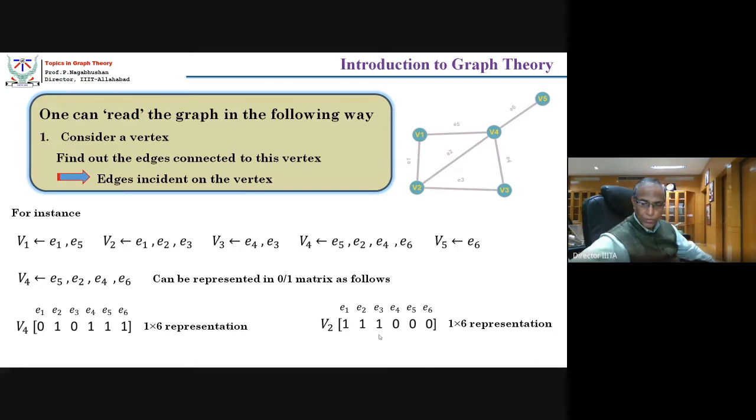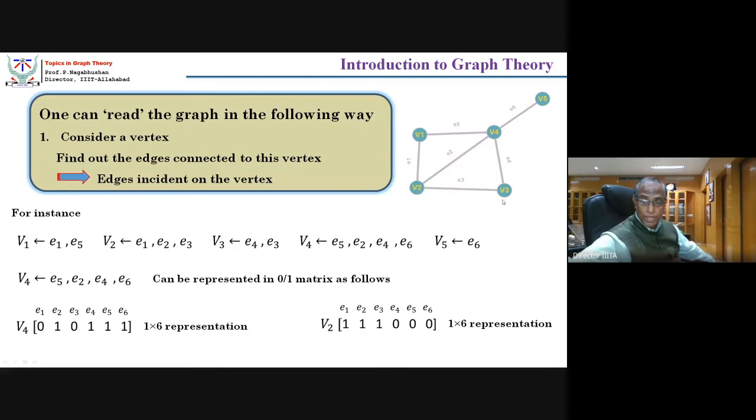For V2, V2 has incidences E1, E2, E3, whereas E4, E5, E6 are not present at all. So it has a 1 into 6 representation. V4 has a 1 into 6 representation. Similarly, V1 and the others each have a 1 into 6 representation.